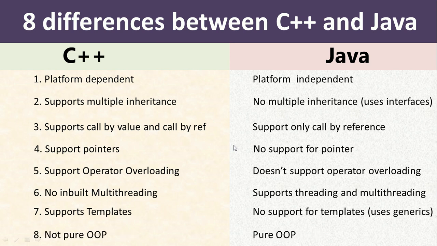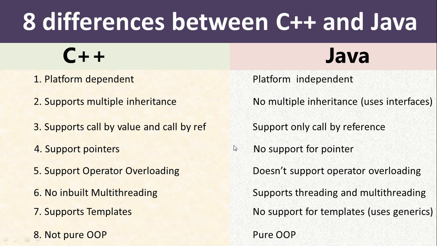The last one, C++ is not a pure object-oriented programming language, but Java is a pure object-oriented programming language. Now, what does it mean? Remember that C++ derived from the C language, and the C language is not an object-oriented programming language, but C++ is. Now, C++ maintains a kind of backward compatibility, meaning that it keeps some of the features of the C programming language.